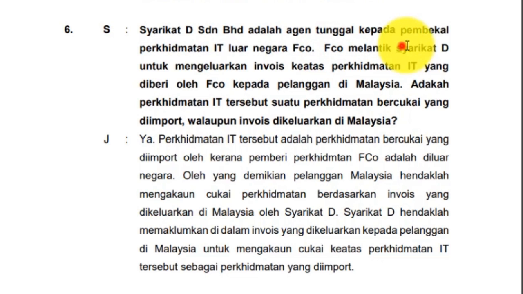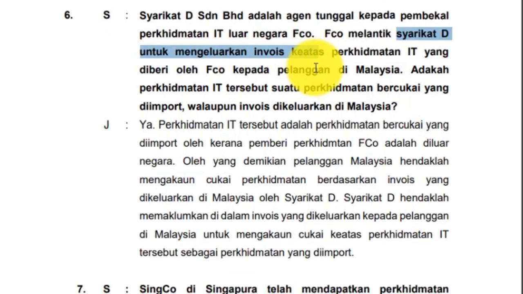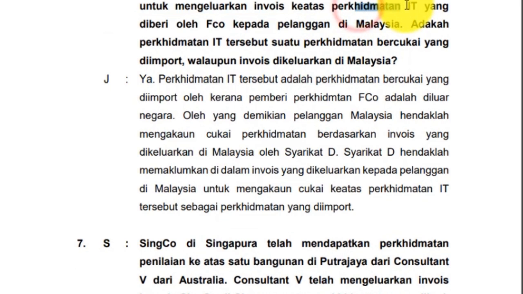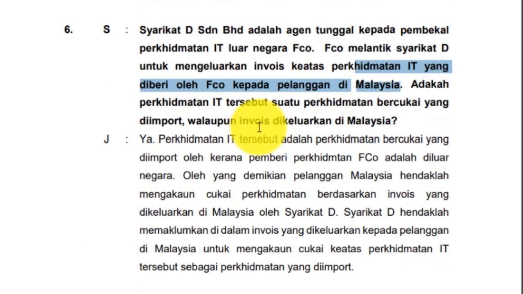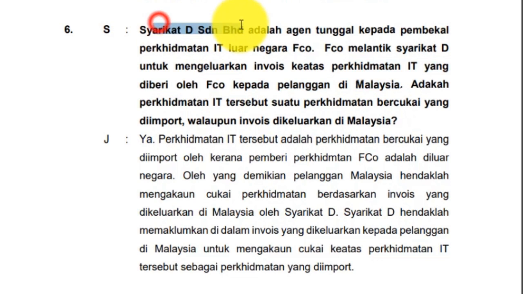FCO appoints company D to issue invoices for the IT service supplied by FCO to Malaysian customers. Okay, meaning that the service is performed or supplied by FCO from overseas, but the invoice is from company D, which is a Malaysian company.